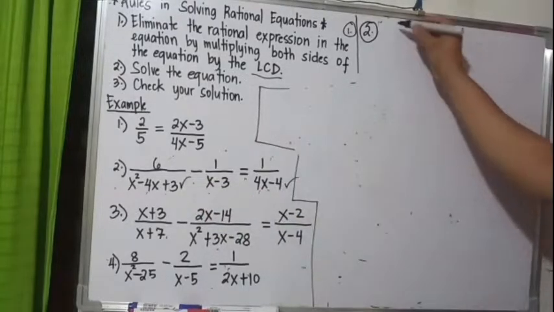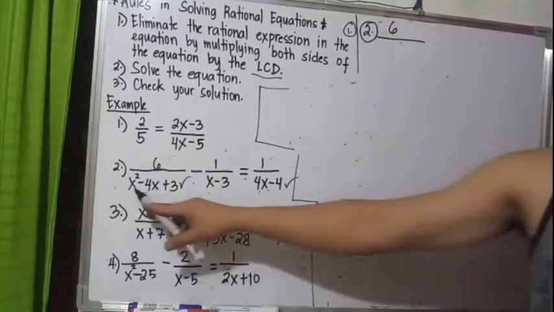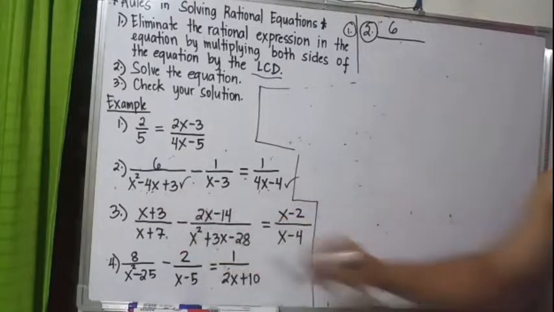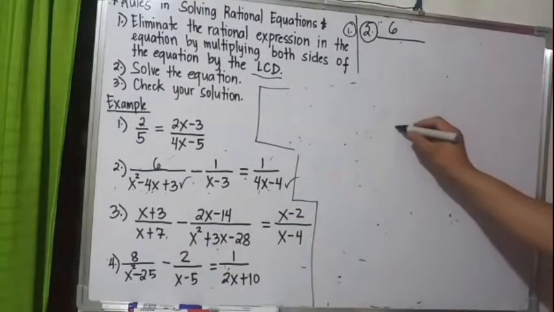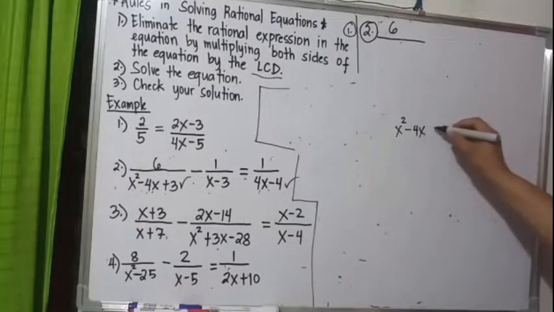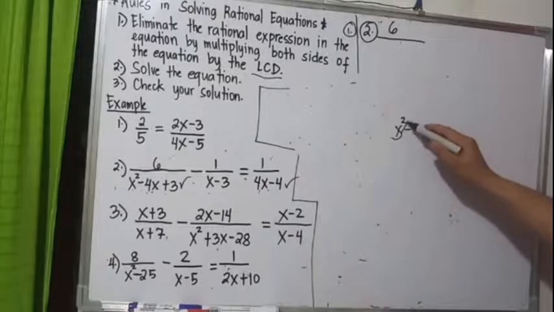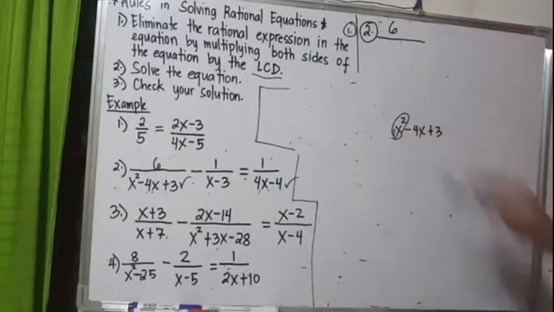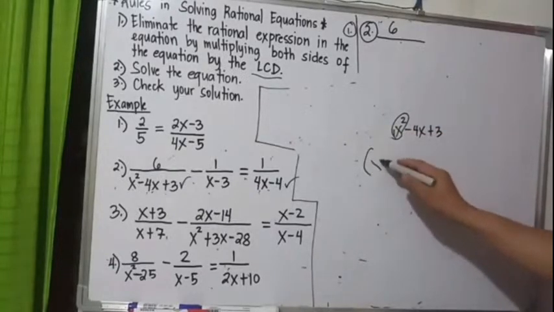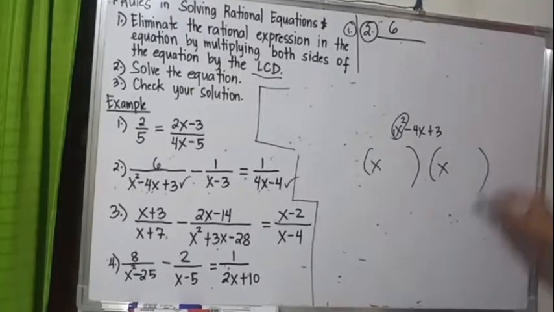So that is 6 over, okay, ano yung factor ng x squared minus 4x plus 3? So sa factoring muna tayo. X squared minus 4x plus 3. So alam naman natin yung factor ng x squared. Pag 1 lang numerical coefficient, automatically that is x times x. Okay.